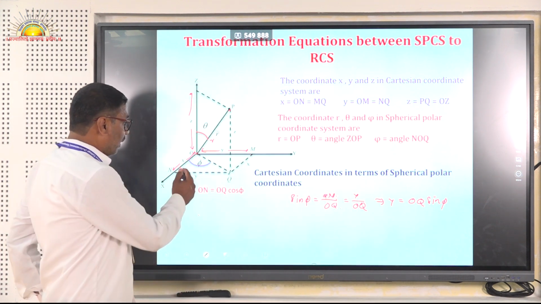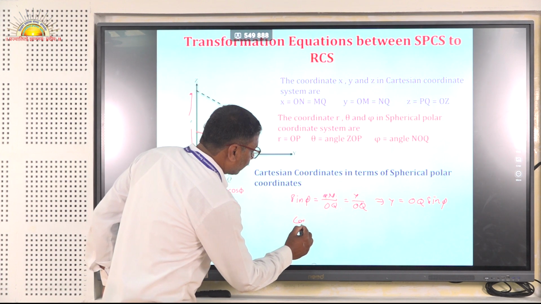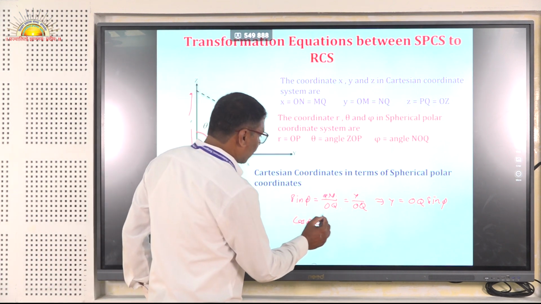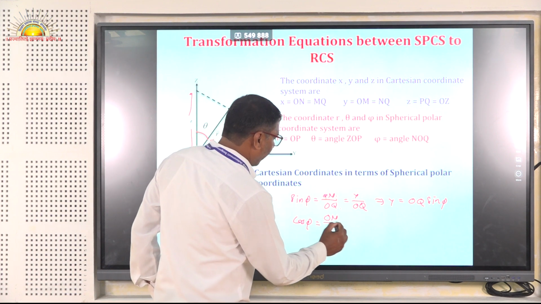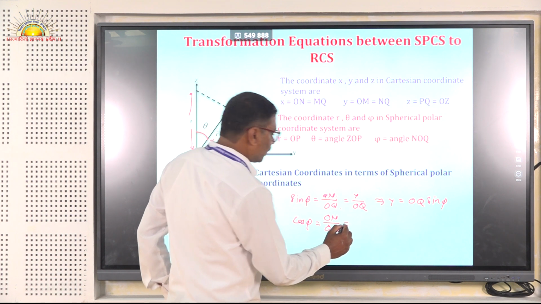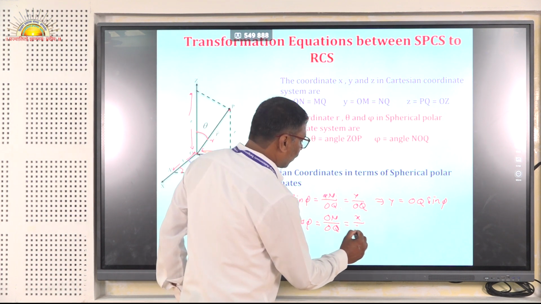Now if we take cos of phi, it is the adjacent side ON divided by the hypotenuse OQ, so this is equal to x divided by OQ.